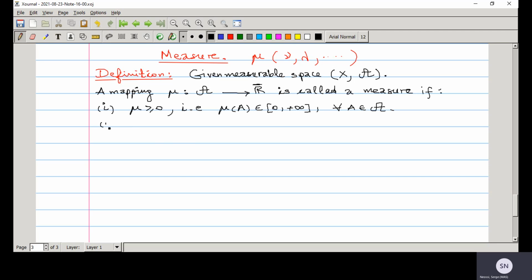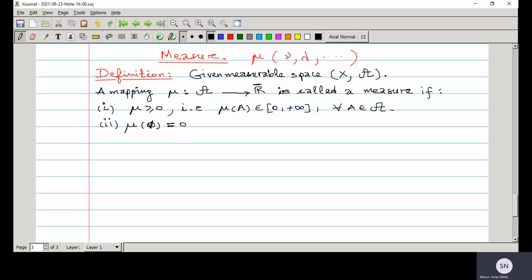Okay, now the second property, which in some texts is the first: mu of the empty set, which we know is an element of the sigma algebra, is 0. But nothing is said about mu of X, the entire set or the entire space.